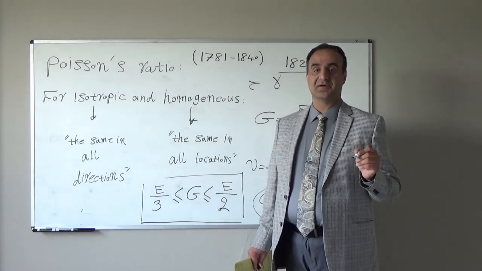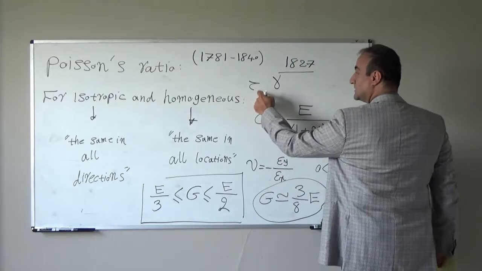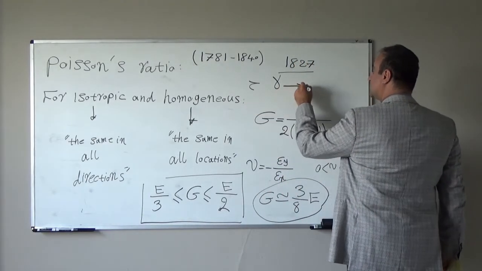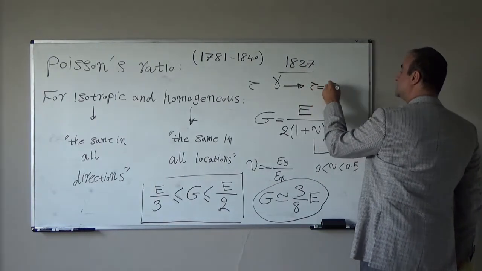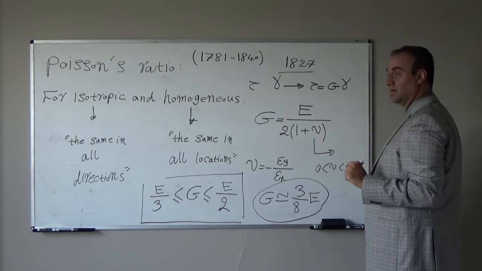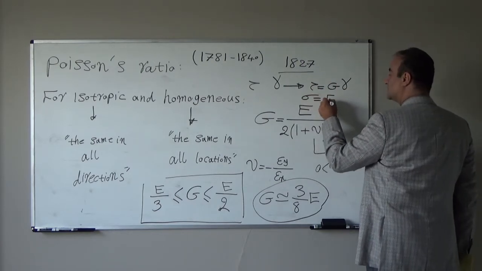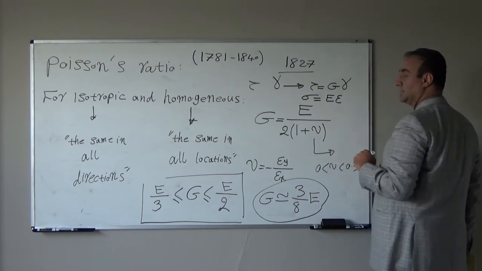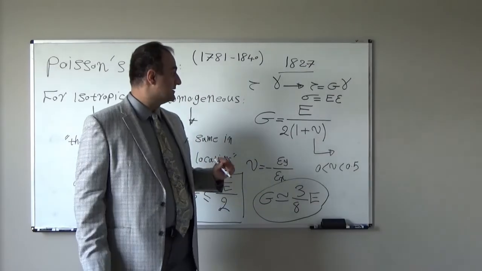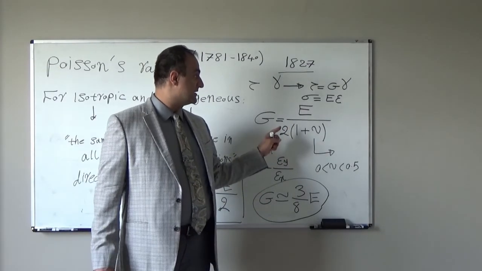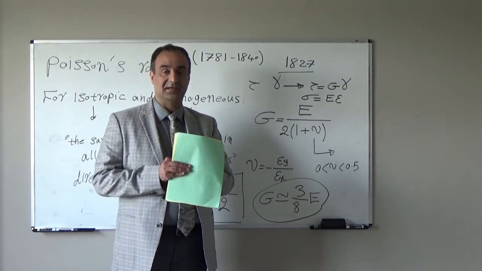And Hooke's law here: tau is equal to G times gamma. Before, we introduced Hooke's law, sigma is equal to E epsilon. And I defined the Poisson ratio and gave the relationship between G and E. For today it is enough.